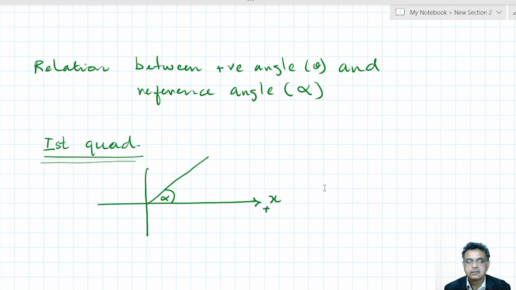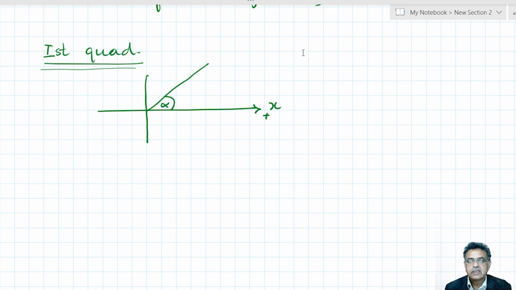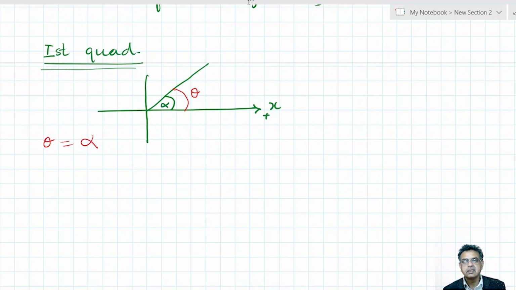Positive x-axis. If this angle is alpha, same here, this angle is theta. So how can we relate them in the first quadrant? Theta is equal to alpha. In the first quadrant, theta is equal to alpha.